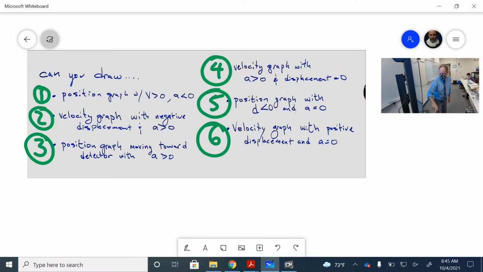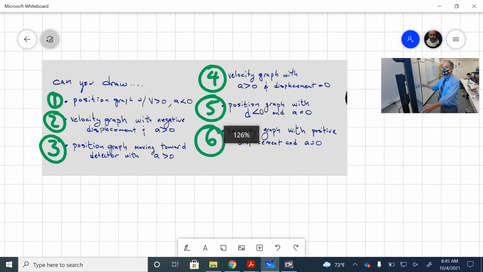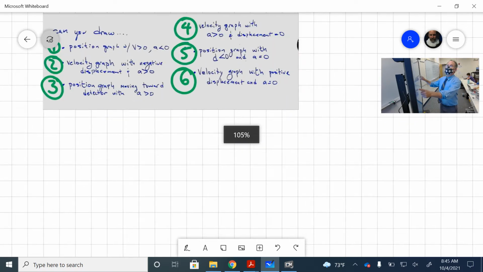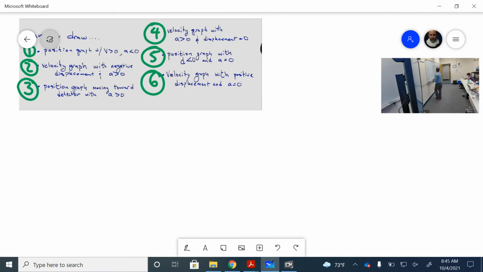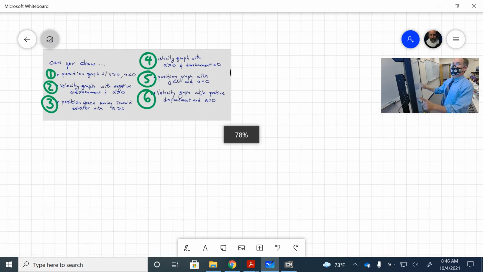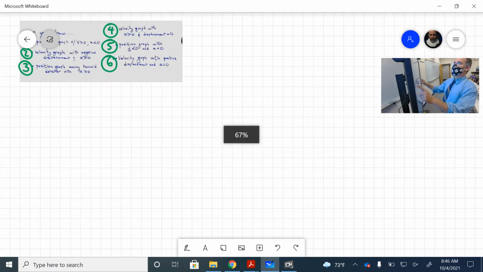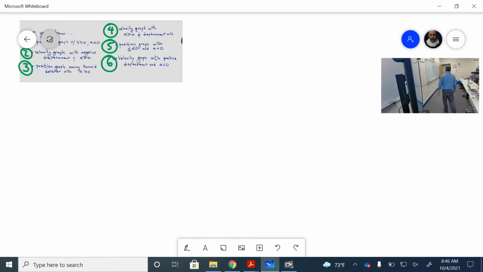But now let's try. We're going to try drawing some graphs. Can you draw a position graph with positive velocity and negative acceleration?